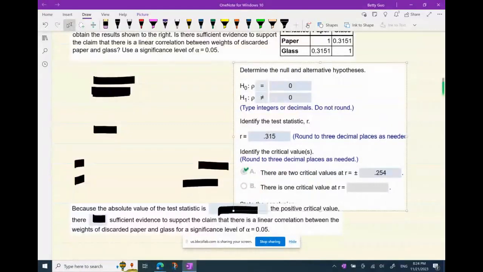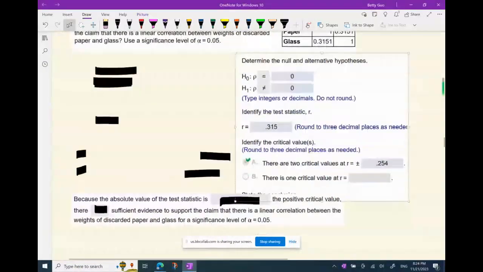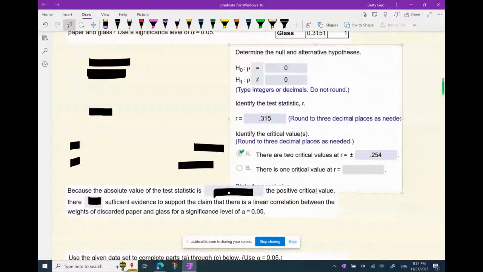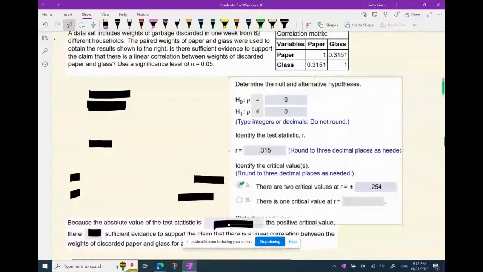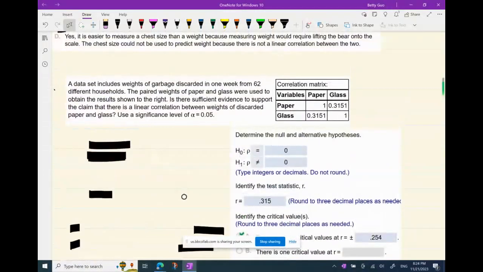For the critical values, it doesn't give us the critical values. We would have to use the table. What is the sample size?